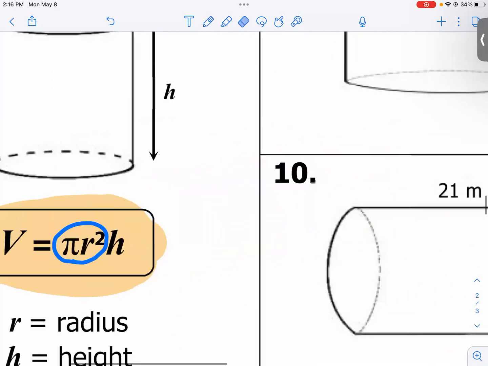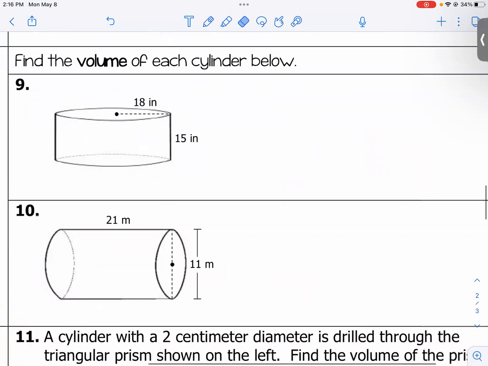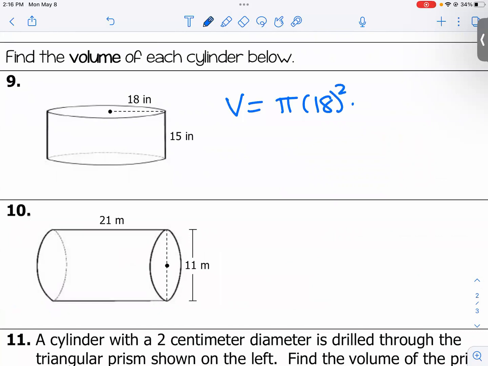Okay, so in this guy right here, volume equals pi r squared times the height. And volume, yes, of prisms, pyramids, cylinders, cones, and spheres. Spheres we haven't done yet.